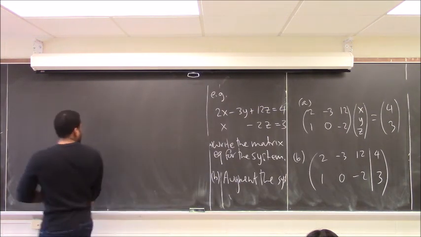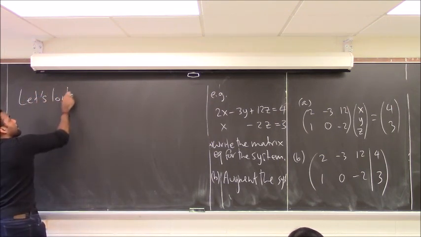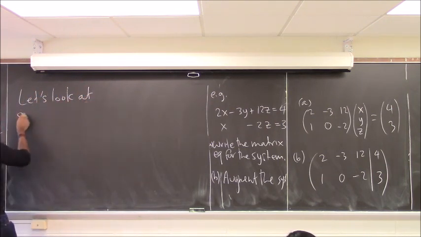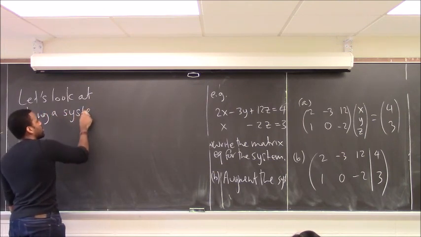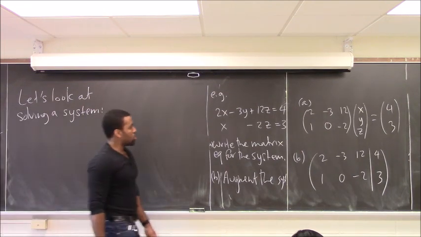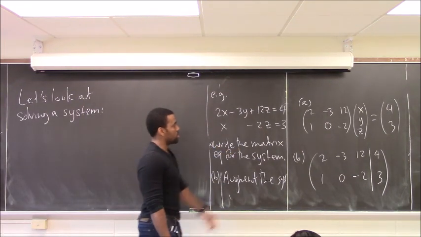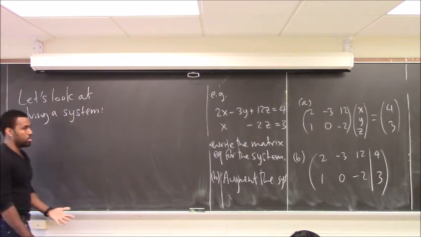Now, let's look at solving the system. Solving the system simply means you're going to want to find the values of the variables that will make all equations true all at the same time.